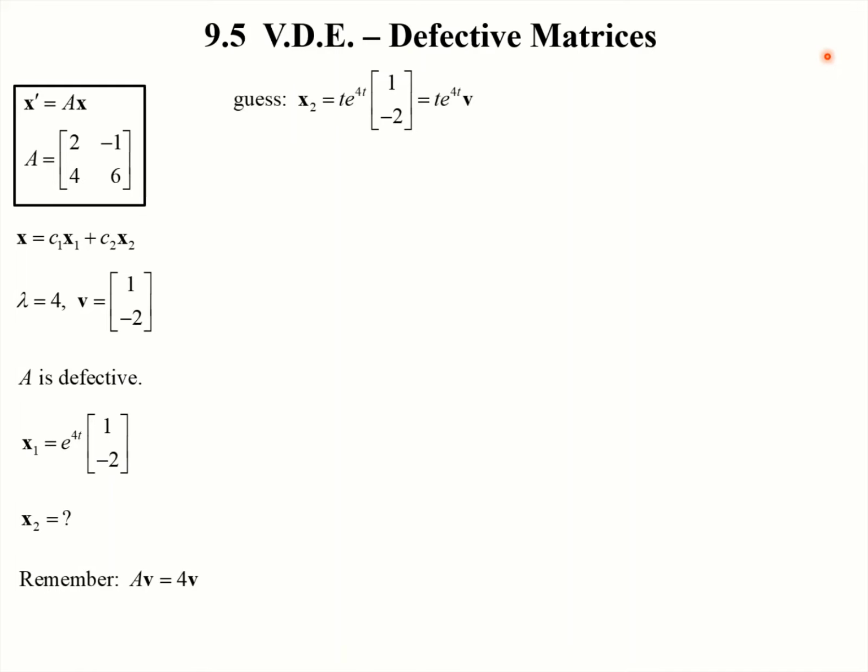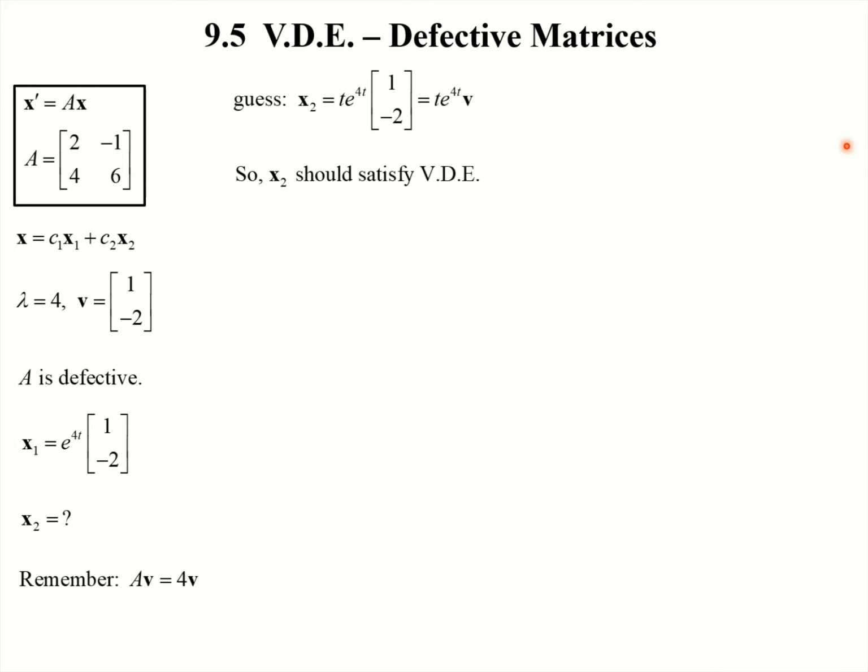Let's see if it does work. If our guess is good, then x2 should satisfy the vector differential equation. In order for it to satisfy the vector differential equation, we're going to plug x2 into it. So before we plug it in, we need to find the derivative.